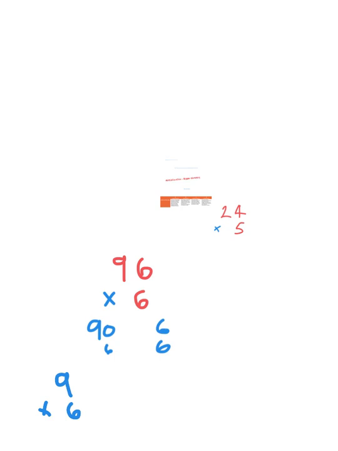So 9 multiplied by 6 is 54. Add that 0 back on because technically it's 6 multiplied by 90, which means it would be 540. And then I'd add 6 multiplied by 6, which would be 36. So 540 plus 36 would be 576.